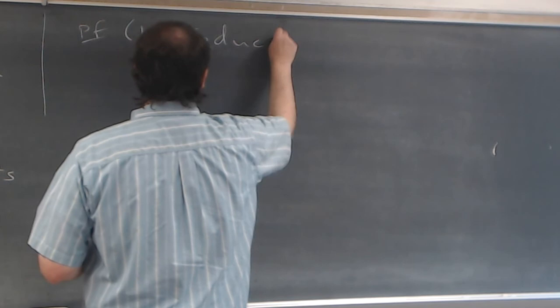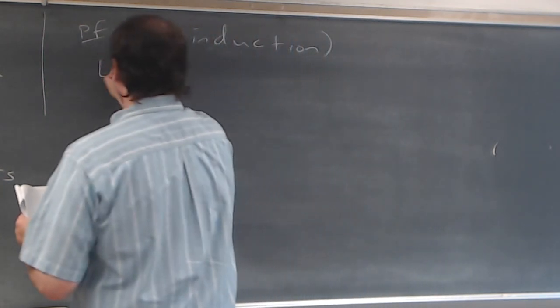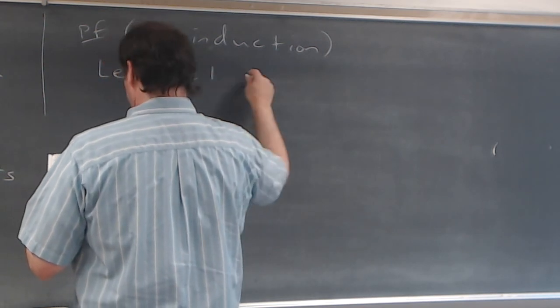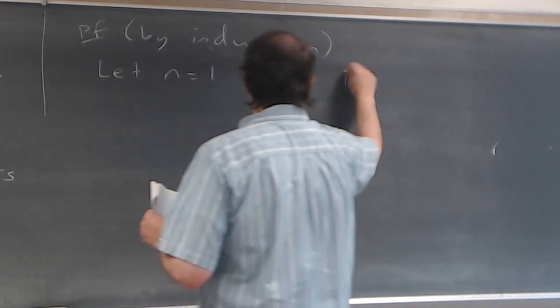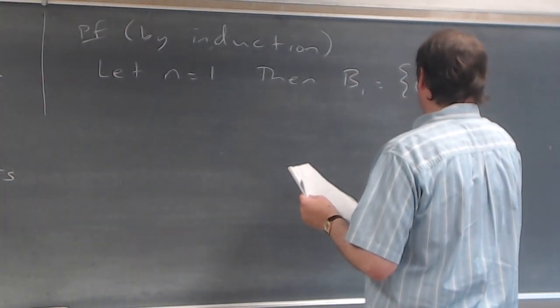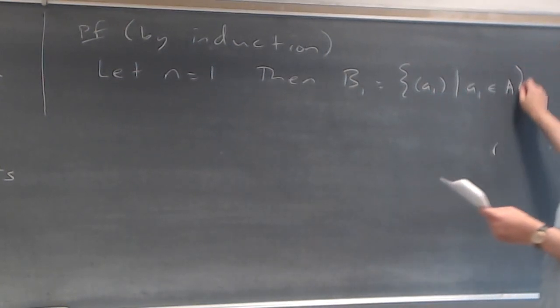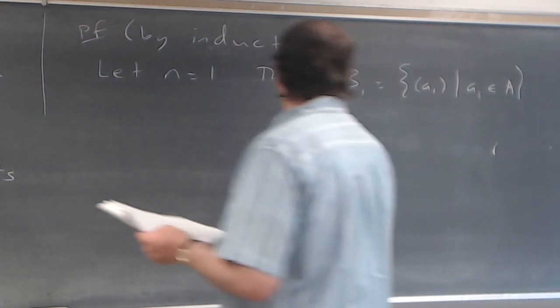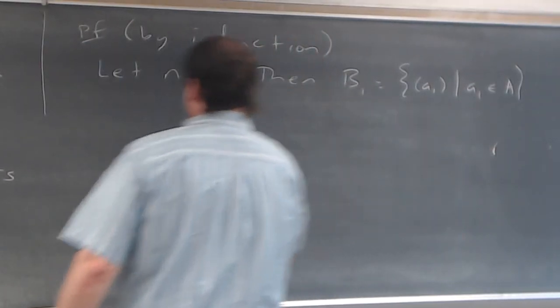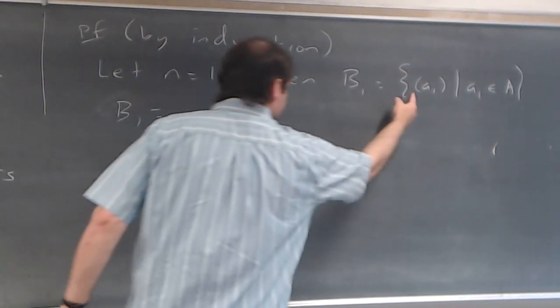Okay, so the proof is by induction, and we're going to start off with looking at n equal to 1. If you note what B1 is, it's the collection of all 1-tuples A1 such that A1 is an element of A. You don't even have to put the parentheses about it.